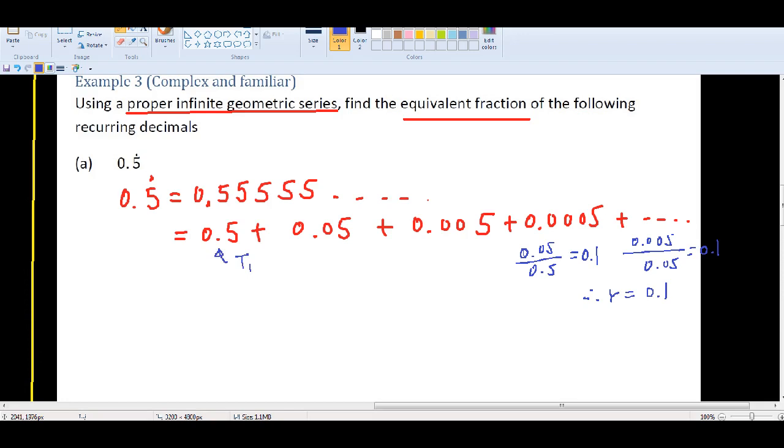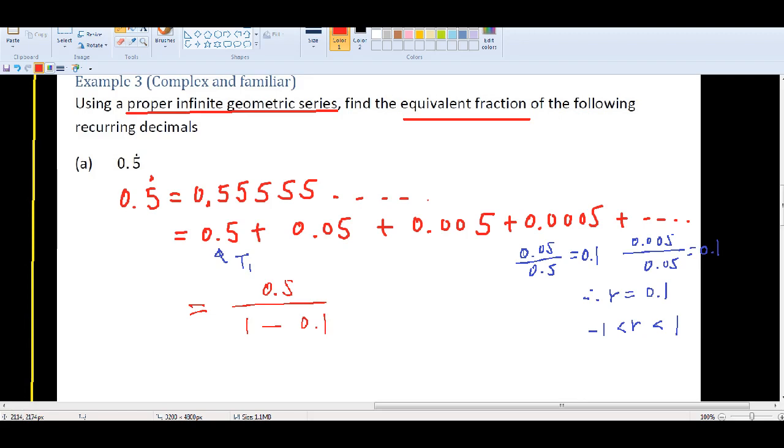The first term is 0.5, but could we do it by using an infinite geometric series? Yes, because r is 0.1, which is greater than -1 and smaller than 1, of course. So that's why we could apply the formula for an infinite geometric series. That formula says the first term T1 divided by 1 minus the common ratio.